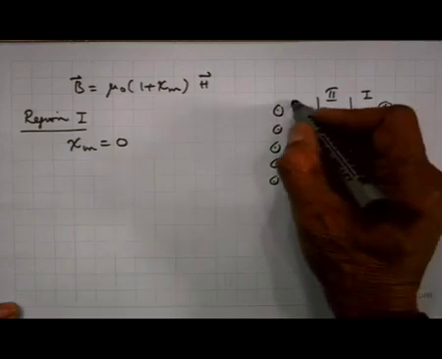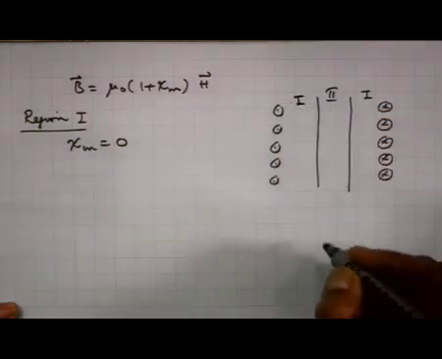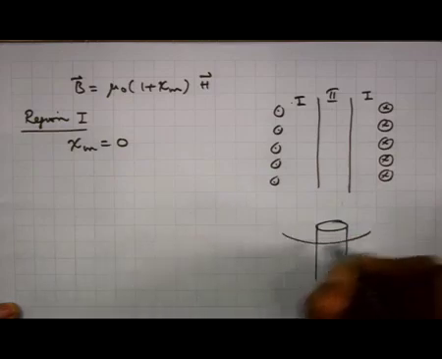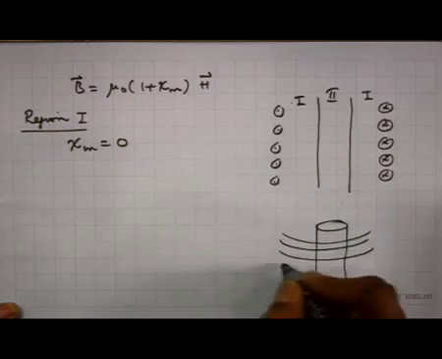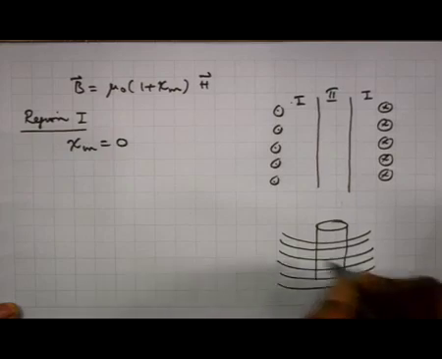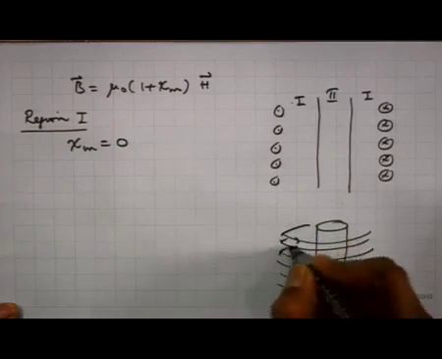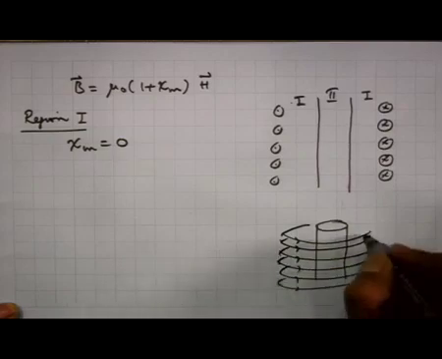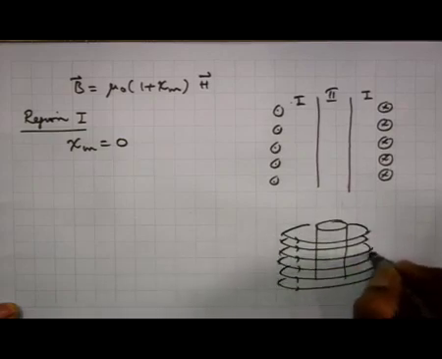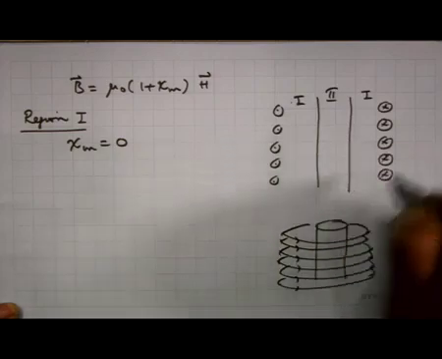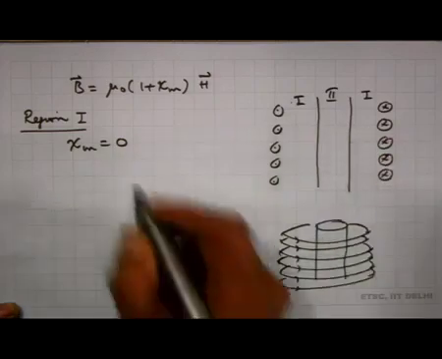This region 1 also includes this part, for the same reasons, because remember this is the material and the wires are going like this. Okay, so, this entire thing outside this cylinder, actually within the solenoid, is region 1.